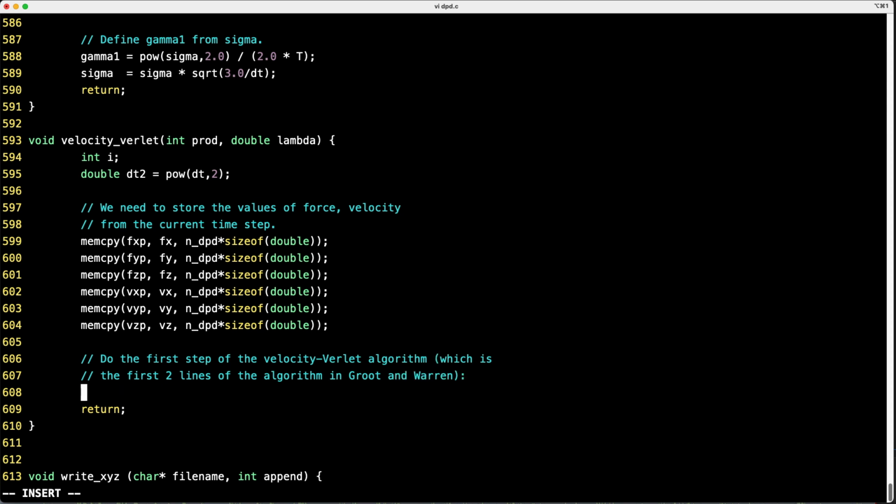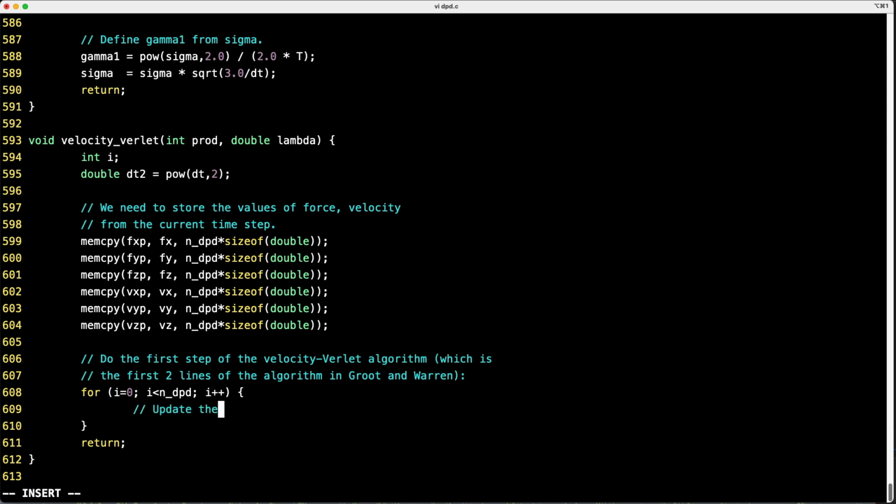Okay, so let's loop over all of the particles in our system. And what do we need to do? Update the positions with the periodic boundary condition. And again, remember that make list is going to take care of applying the periodic boundary condition, but we just need to update these arrays.